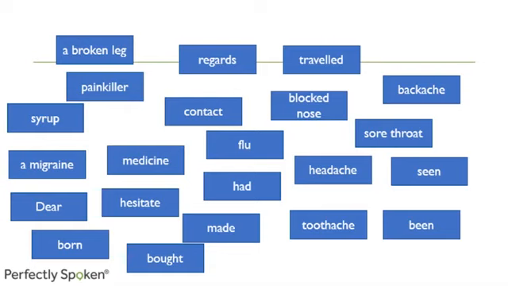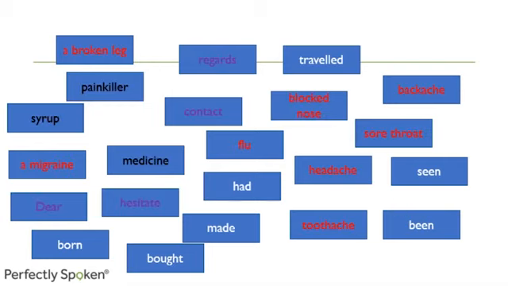Okay, now I am going to show you the different categories. If you're not ready, then please pause the video here. Okay, and there we are. You can see them here. The ones in white are past participles.